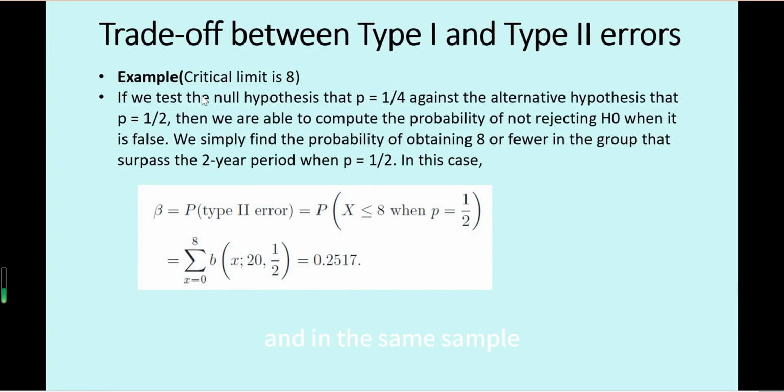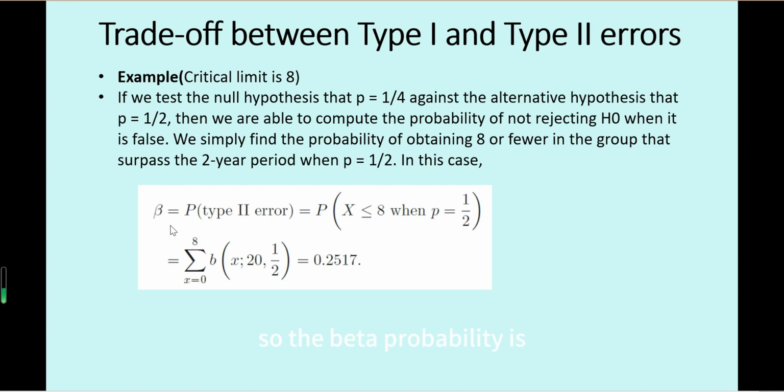And in the same sample, we can calculate the beta. H1, or the alternative hypothesis, is 1 of 2. If this is true, then we get a sample of positive 8 or fewer in the group.